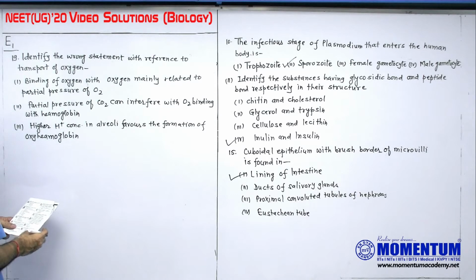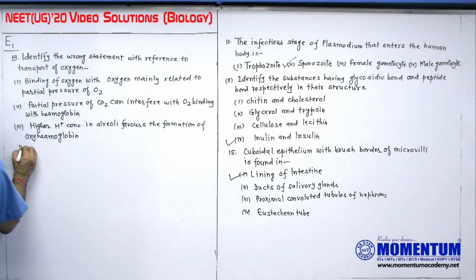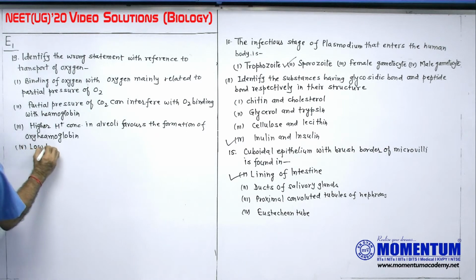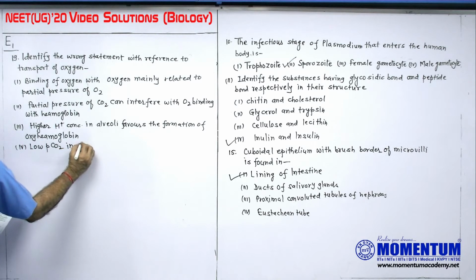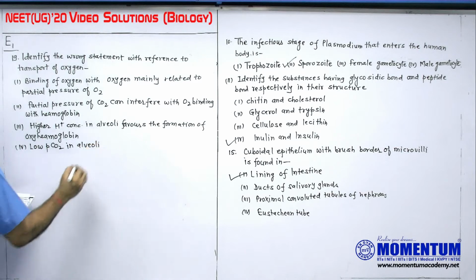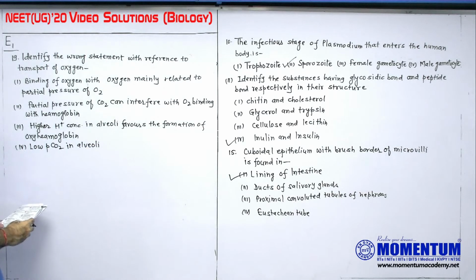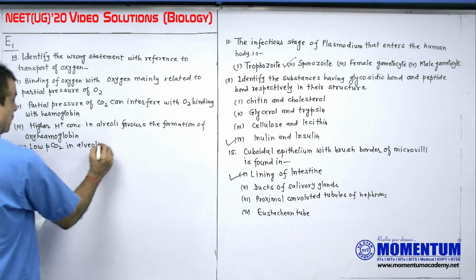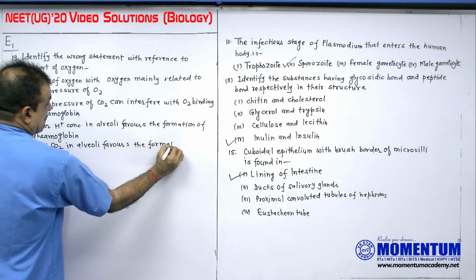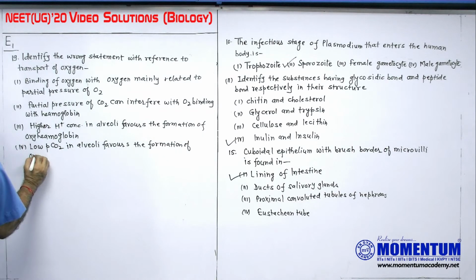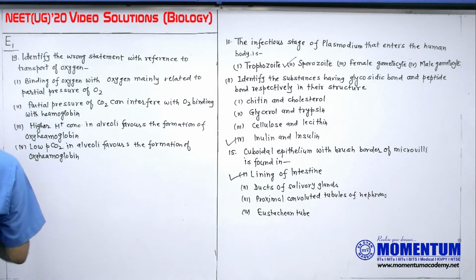And fourth, low partial pressure of carbon dioxide in alveoli favors the formation of oxyhemoglobin.